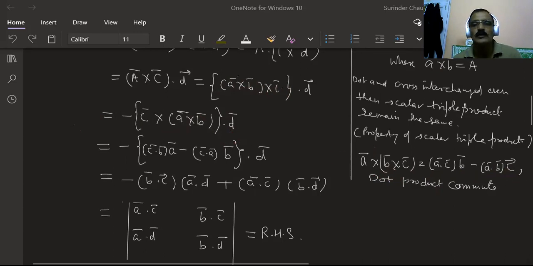Now using this result, this vector will be coplanar to a vector and b vector. So this will be c dot b times a vector minus c dot a times b vector, dot d vector.